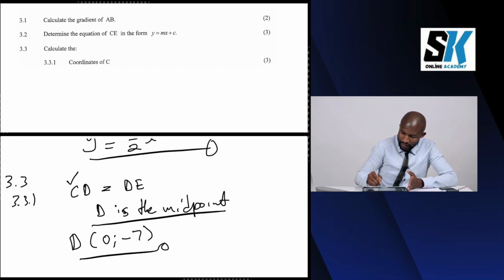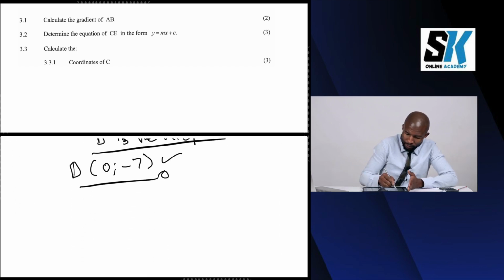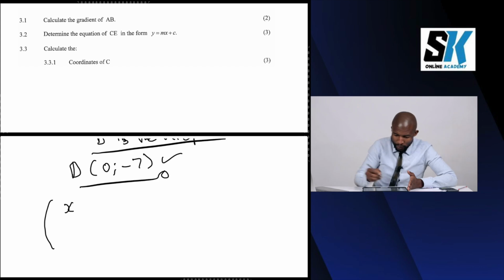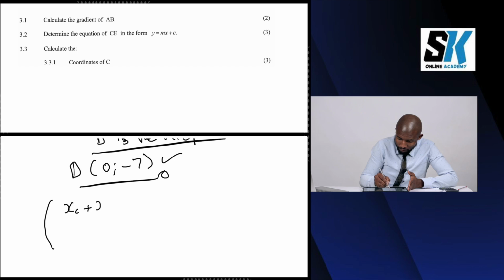So that D is the midpoint, so this is what we're going to do. We're going to say X, and now we're going to look at CE. So X of C plus X of E all over 2 has to give you that 0 there.